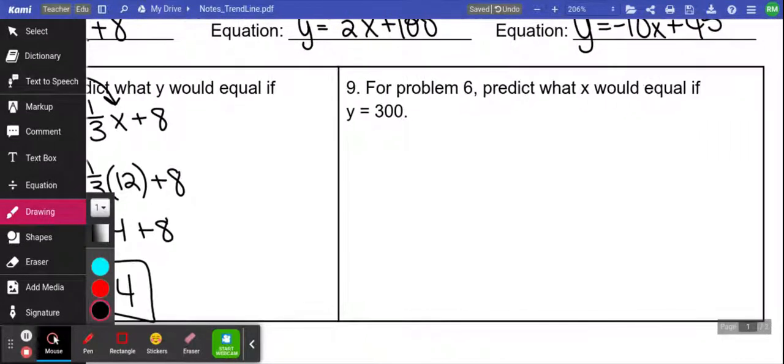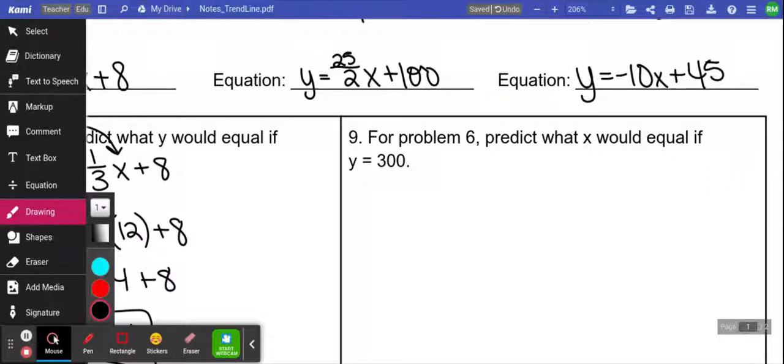This other one is a little bit different. This one we're going to use the problem in number 6. So we're going to use this equation, y equals 25 over 2x plus 100. But this time it doesn't tell you what x equals, it tells you what y equals. So where are we going to put the 300? Where the y is.